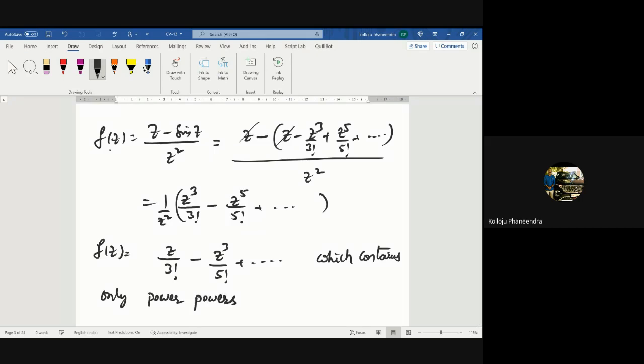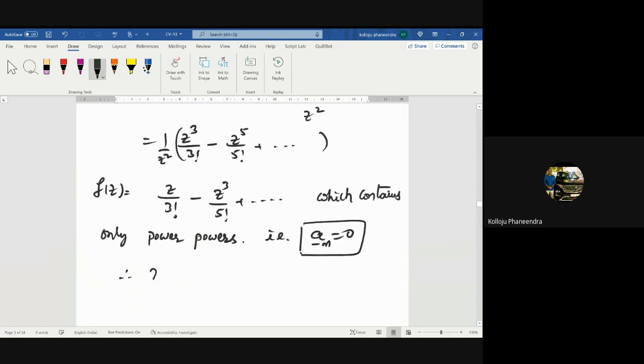Negative power terms are 0. Therefore, what is the singularity? z equal to 0 is a removable singularity.